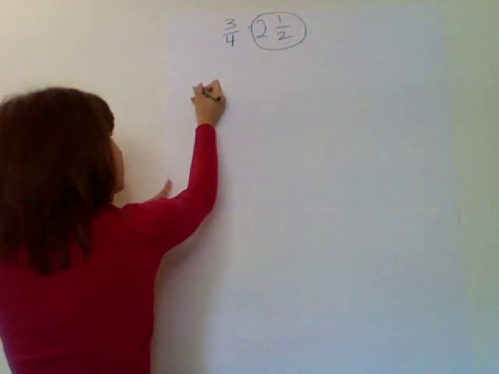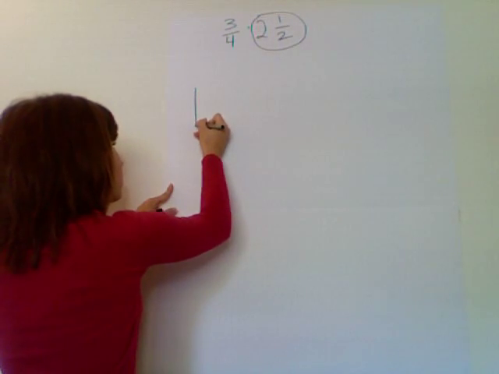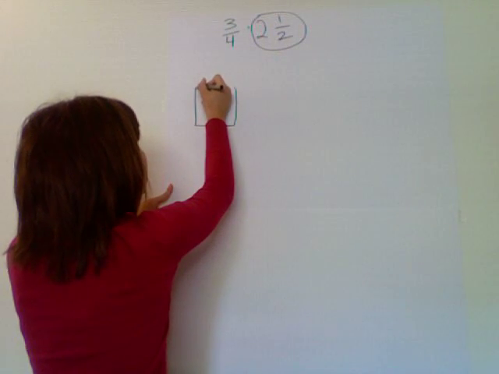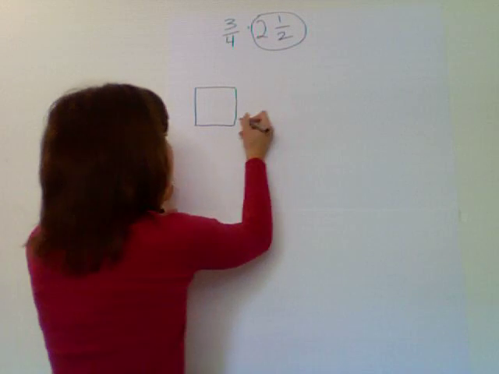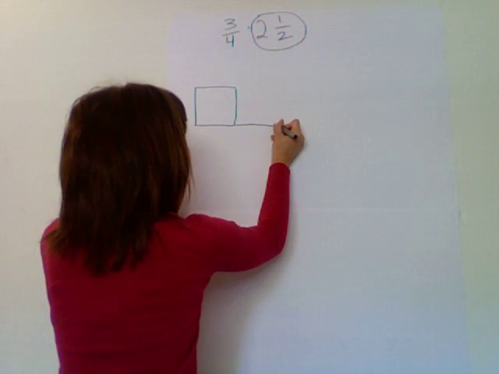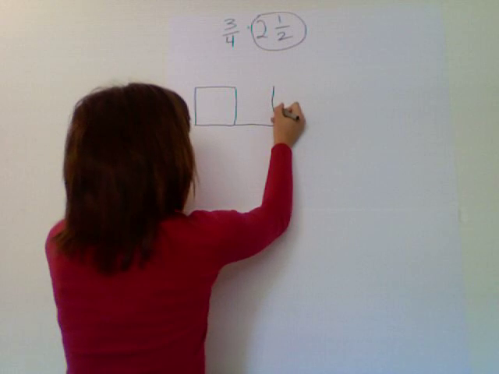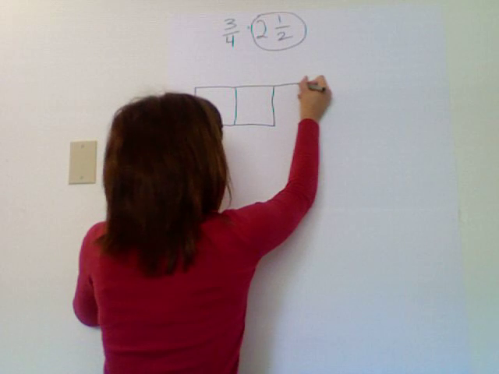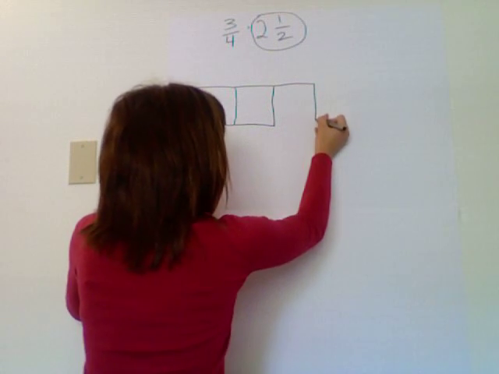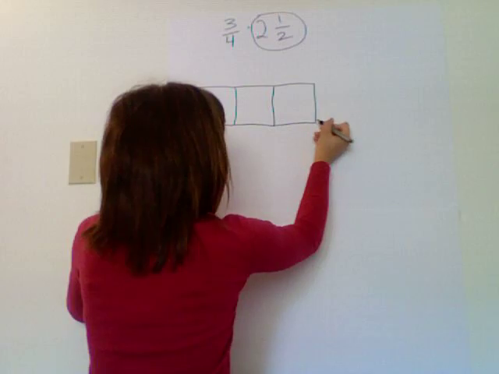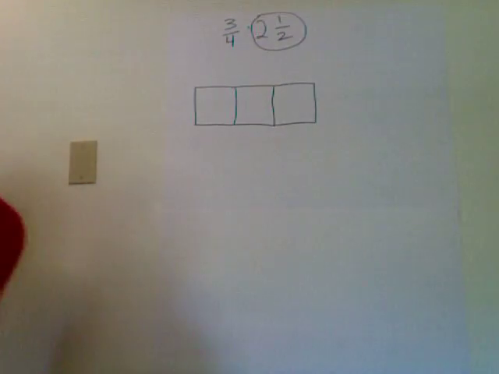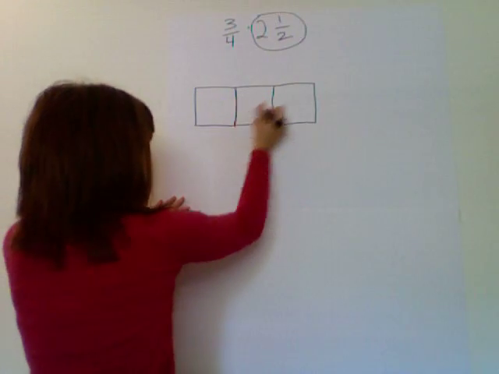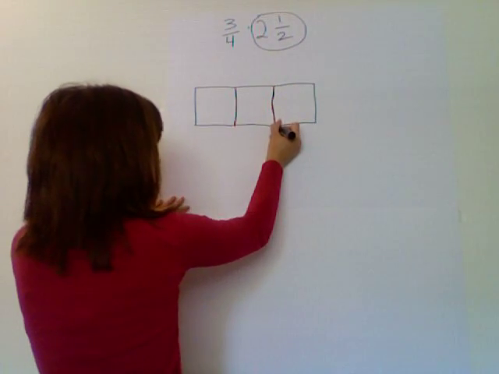So let's just draw 3 squares first. 1, 2, 3. Okay. Let me make these lines red to distinguish them later when we start drawing other lines.